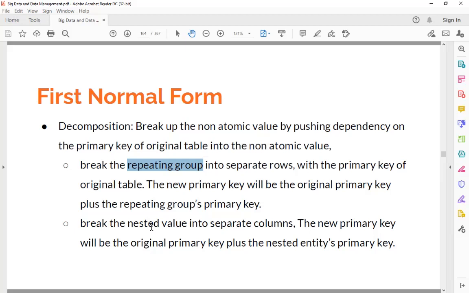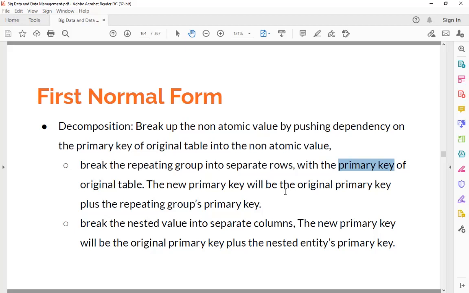For each element of the repeating group, we will create a separate row of the new relation. Meanwhile, we will also merge the original table's tuple, basically the primary key and all its dependencies of the original table, into these separate rows of the new table.